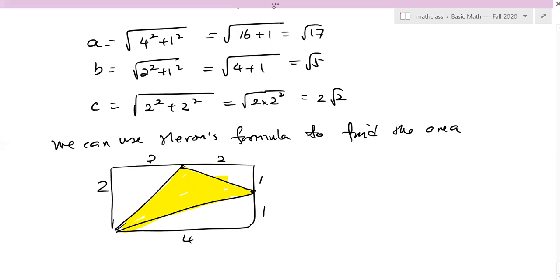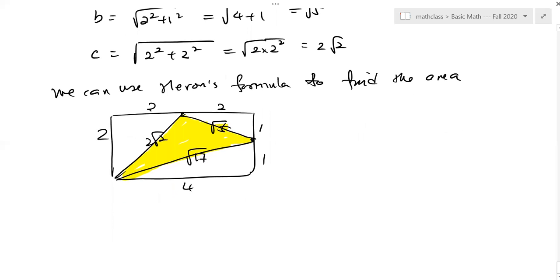Can you find the area? This is a square root of 5, square root of 17, and 2 square root of 2. Can you find the area of this triangle?